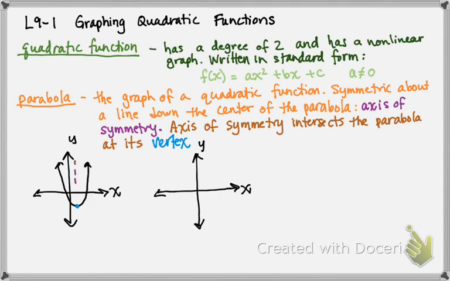If I folded along that dashed line, the two halves of the parabola meet up exactly. So let's add some pieces here. This is your vertex, and this is your axis of symmetry, the purple line.